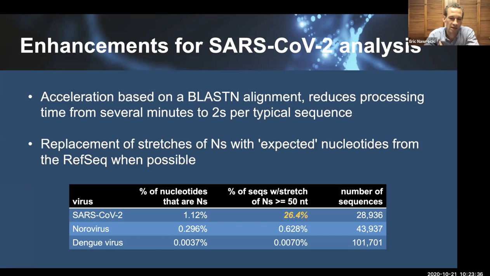So what we implemented was a method to identify those stretches of Ns, identify where they map to in the RefSeq, again based on a first pass BLAST-N alignment, and then replace those Ns with the expected nucleotides, taking them directly from the RefSeq. Then we do the full analysis using those sequences with those Ns replaced, and that seems to work pretty well.